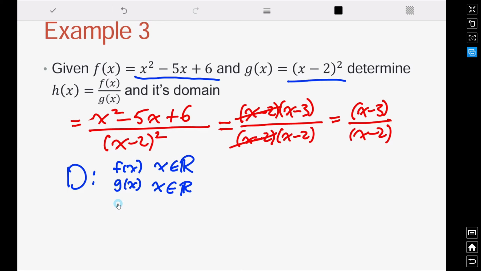Does this mean that h of x has a domain of all real numbers? No, it actually does not.